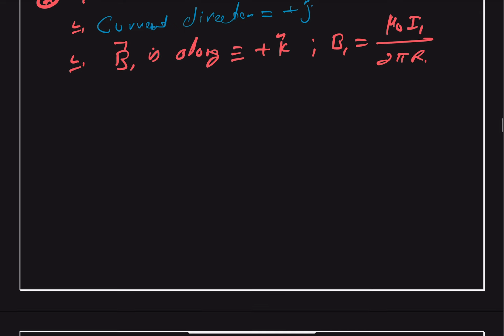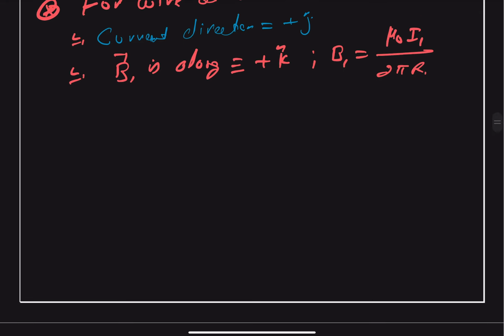Now we come to the second part, which says that for the wire at x is equal to minus r, the value of the current is less than 0.